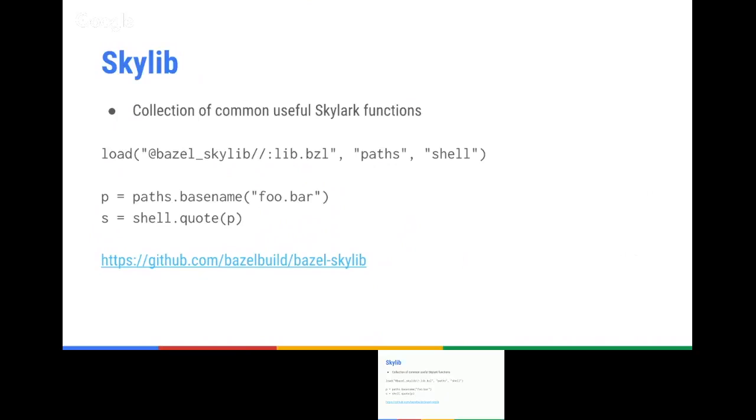So if you write complex rules, you probably want to take a look at Skylib. It's still very new, so please ask for more functions, or just send requests. It's still quite small.